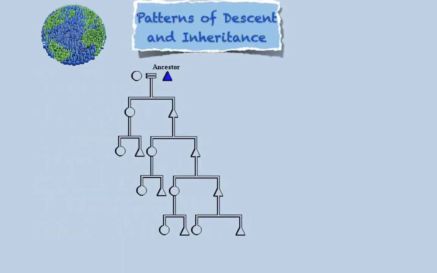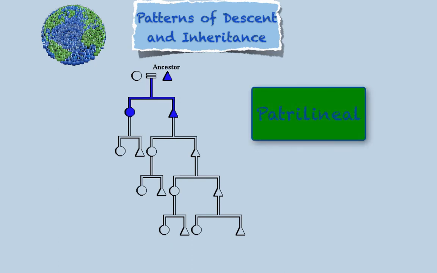Now, the next component of family we look at is patterns of descent and inheritance. There are three primary patterns to look at here. The first is patrilineal. This is a system of tracing descent through the father's side of the family.